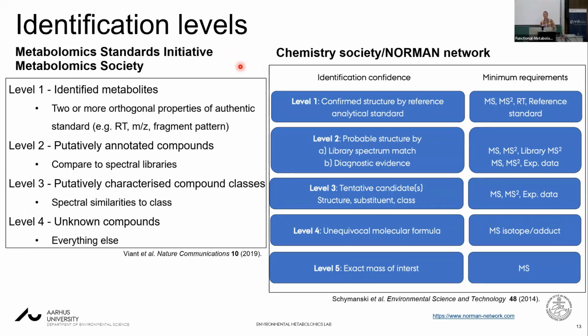But level number 1 is the highest, where you confirm the metabolite or the standard or the molecule by buying a reference standard, and you inject it on the platform and you confirm it with MS1, MS2, retention time information. Then there's level 2, it's also the same. You get the spectral data, MS1 and MS2. You compare that to a library that is publicly available.